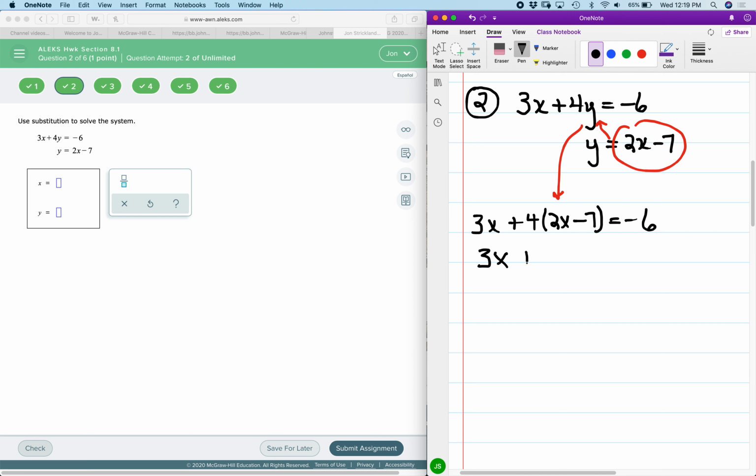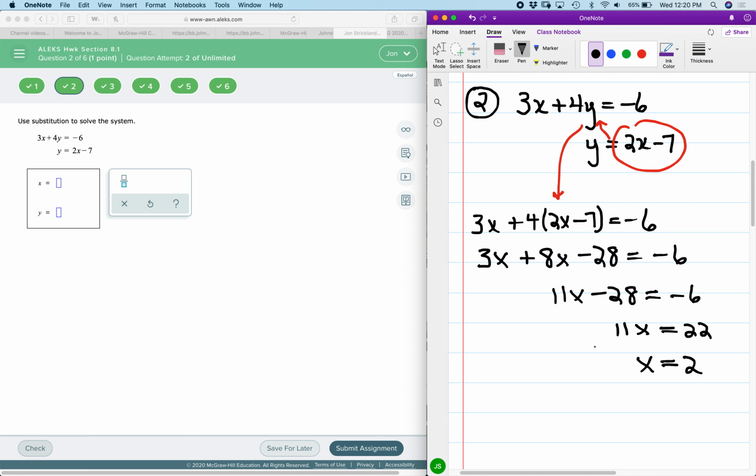Distributing 4 over 2x minus 7, we have 8x minus 28. Here we have 3x plus 8x, that will make 11x minus 28 is equal to negative 6. Upon adding 28 to both sides, I have 11x is equal to 22, and with division by 11, x is equal to 2.